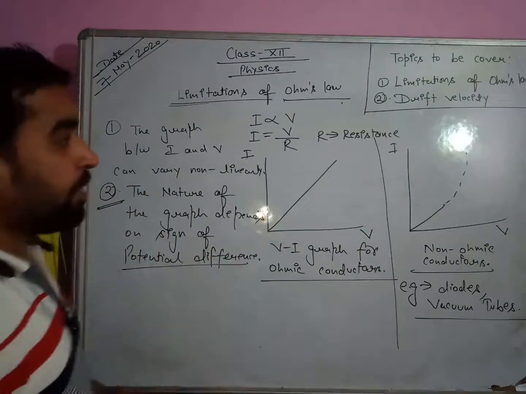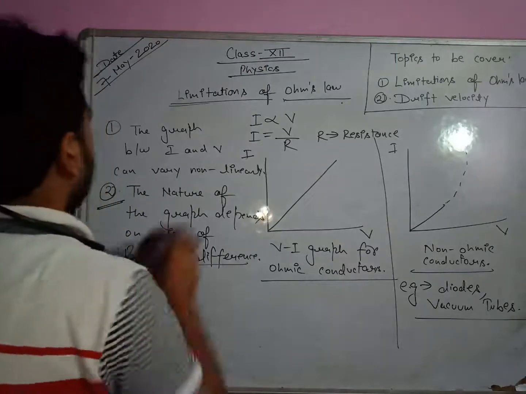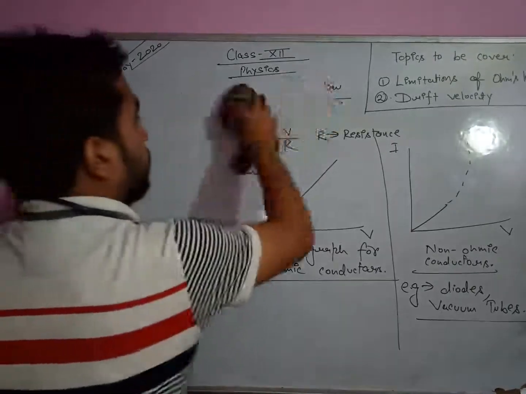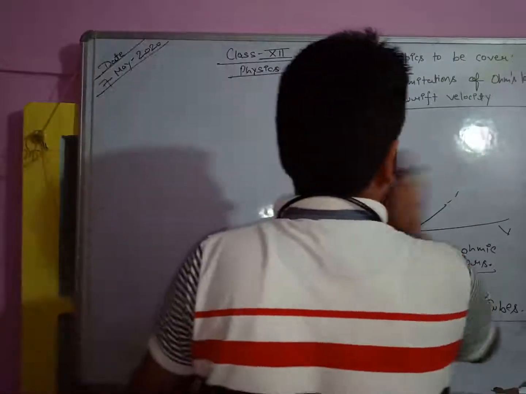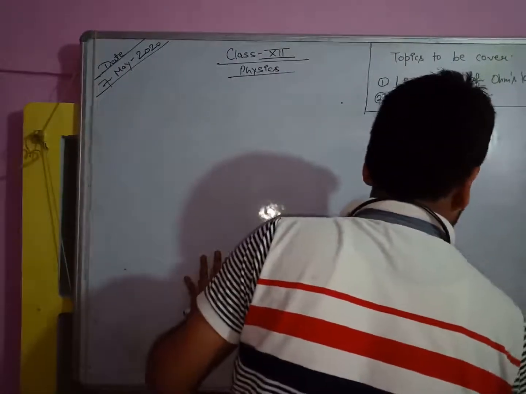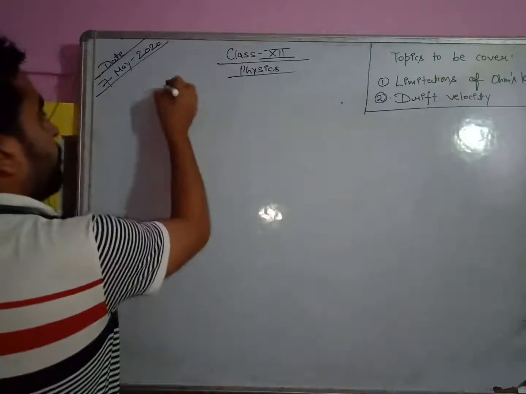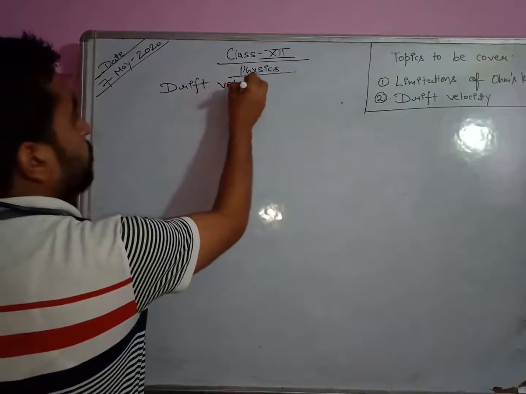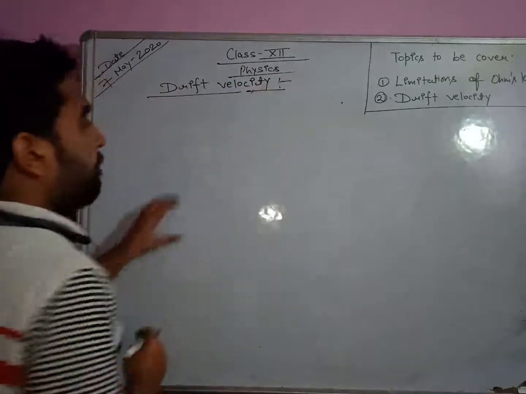Now we are going to cover drift velocity. So students, drift velocity. Suppose we have a conductor.